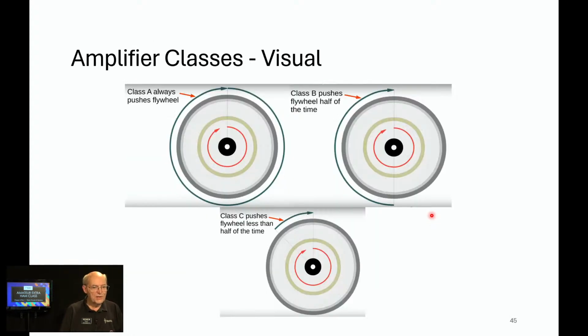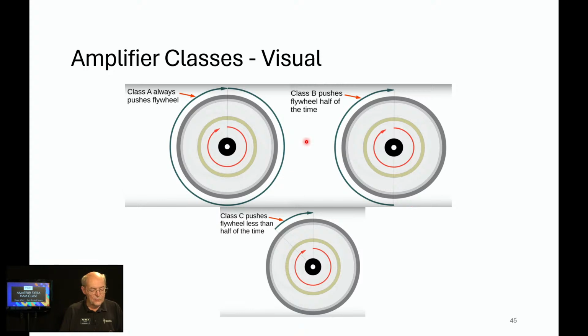So here's another take. This is from Kessler. He equated this to a flywheel. So here's a flywheel that's spinning around. For Class A, the signal is always pushing on the flywheel. It's helping it all the way around, all 360 degrees of the input waveform. Class B, you can see we've just got half now.